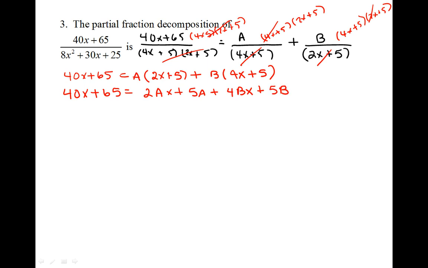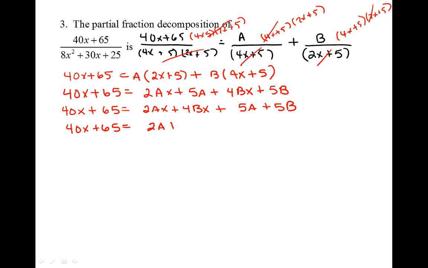Let's group our x terms and our constants. So I will get 40x plus 65 equals 2Ax plus 4Bx. Put your constants together, the 5A and the 5B. 40x plus 65 equals, take the x out, 2A plus 4B, factor out the x.